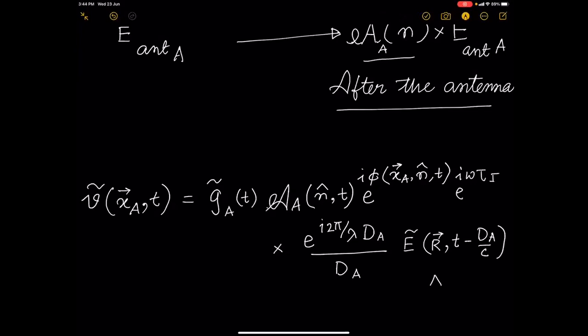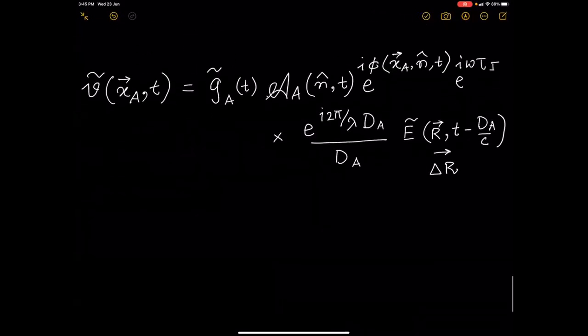And all this is coming from a small area in the sky. So this is essentially an area. Let me also mention what this is. So this is r square times the solid angle, which I write as delta n cap. Okay. So this is what you get as a voltage at the antenna.